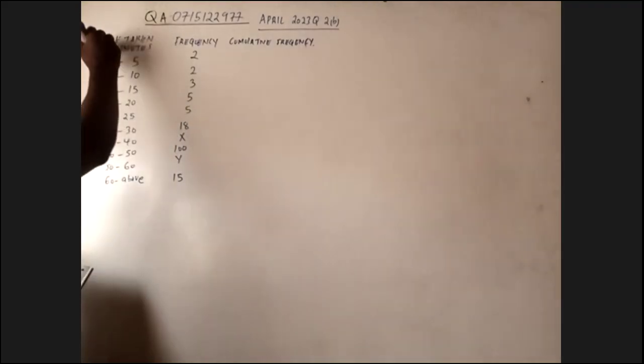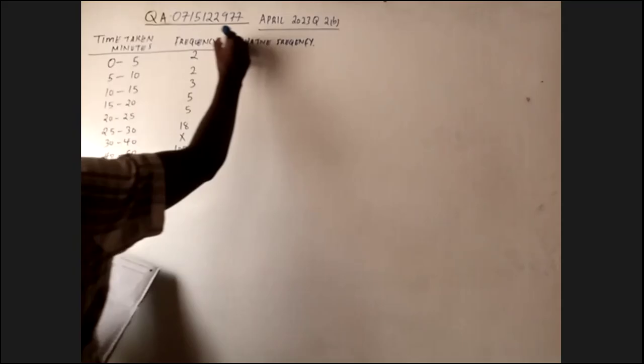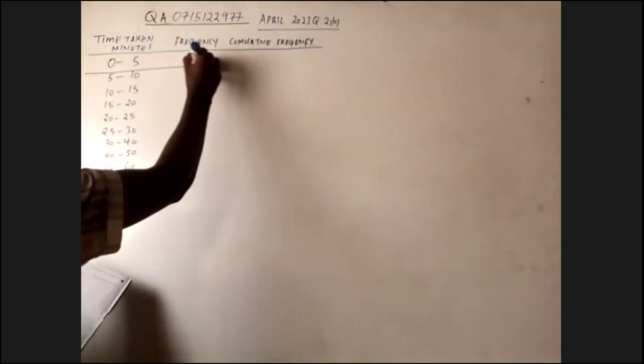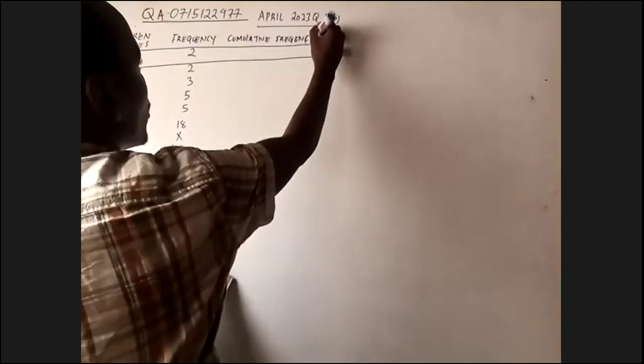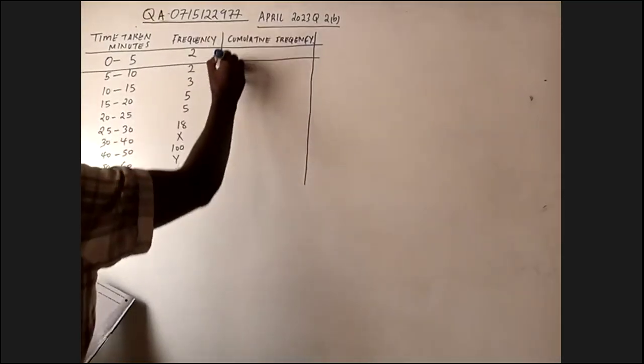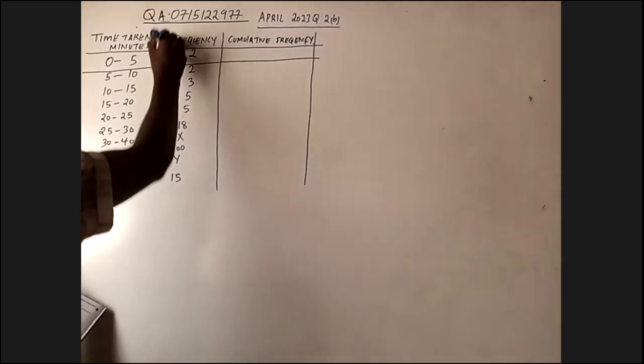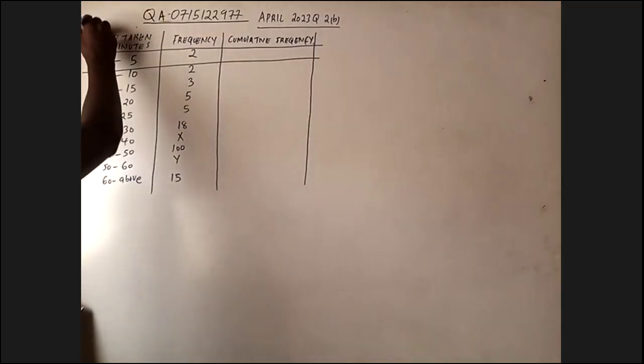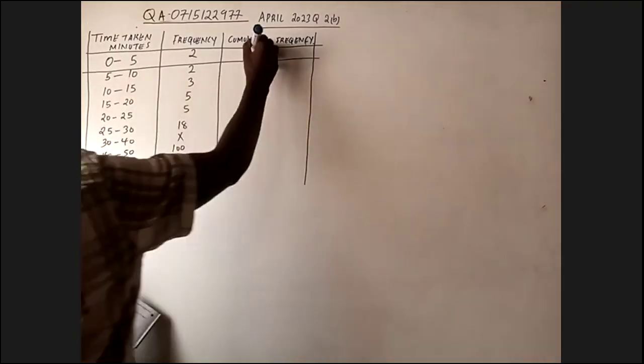Now, you work in the box. Now, cumulative frequency, the first one. What will be our first cumulative frequency? It will be 2.